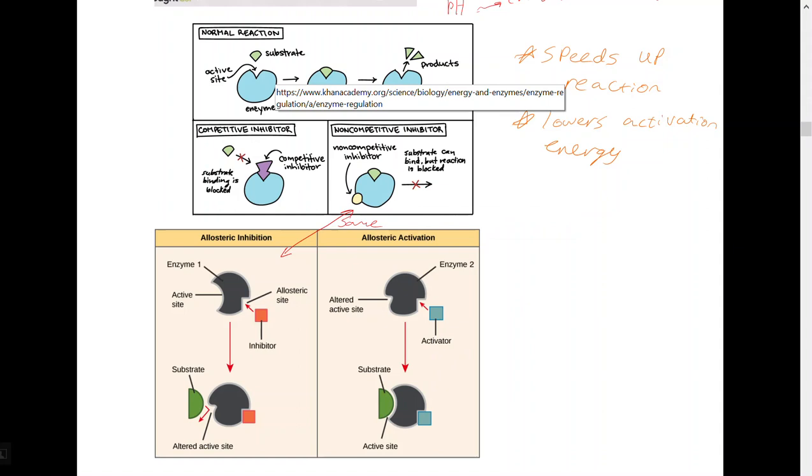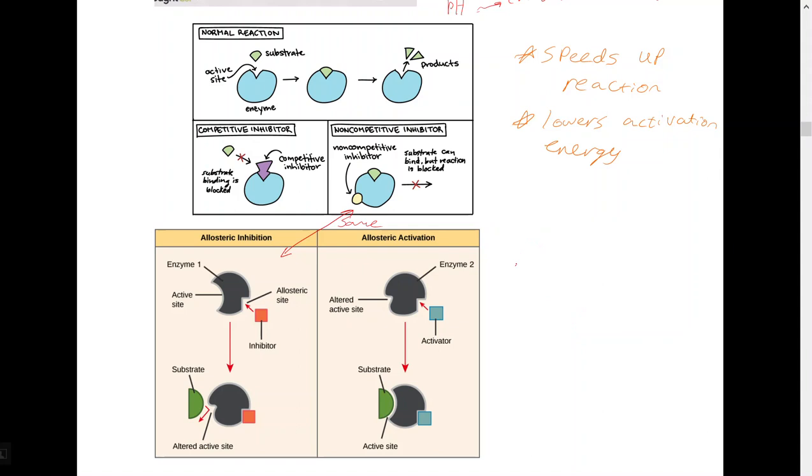That's actually a big misconception. The amount of substrates aren't going to make a huge difference in how well the proteins work. What will make a difference is temperature, pH, and the amount of proteins. So that's just an important thing. I doubt the AP will test you on that, because that's, again, sort of just recalling facts.